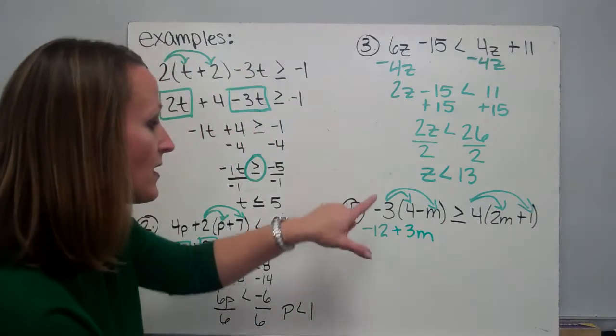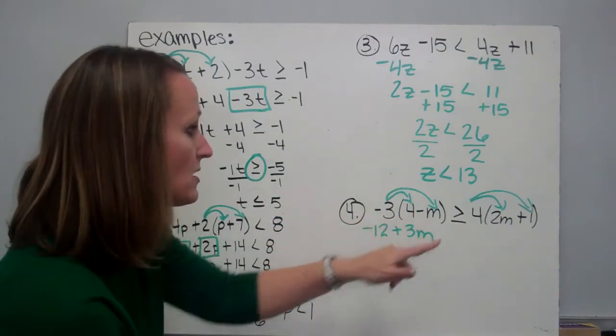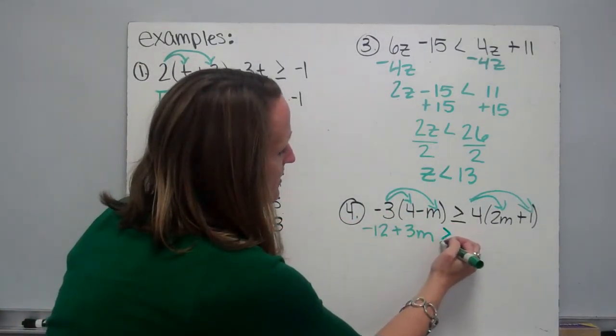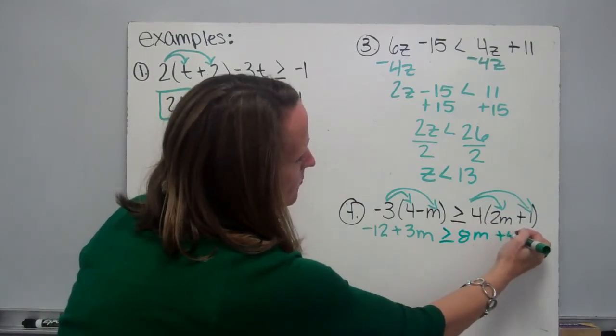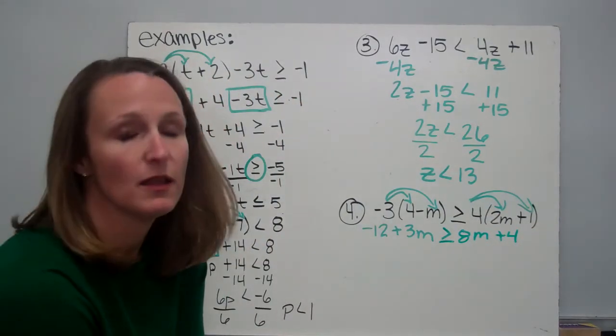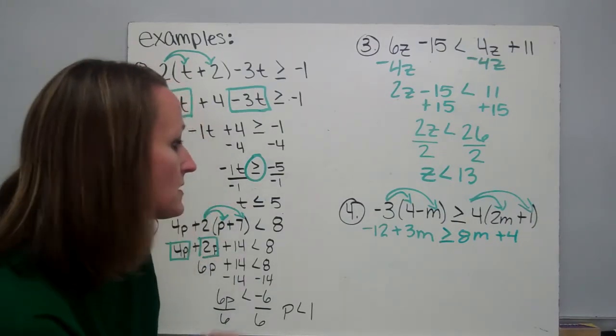Where did that plus come from? Because negative 3 times negative m gave me plus 3m is greater than 8m plus 4. So far, all I've done is distribute everything to get rid of my parentheses.